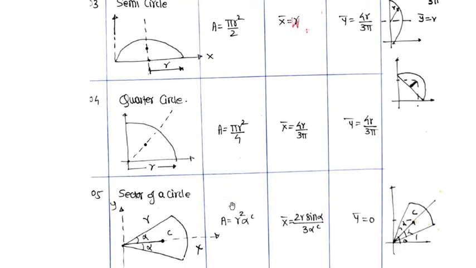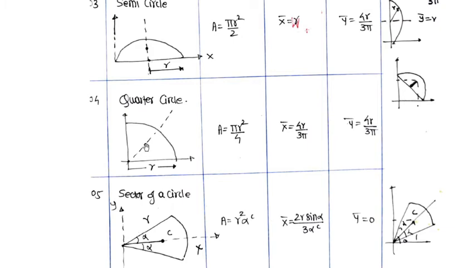Now, quarter circle. This is a quarter circle placed in the first quadrant. Now, a vertical line of symmetry cannot be drawn, and a horizontal line of symmetry cannot be drawn. Area of quarter circle is pi r square by 4. This is the centroid of the quarter circle.